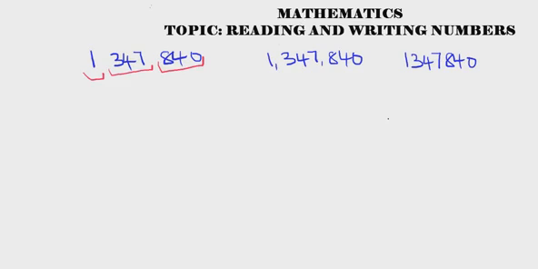The first digit here is the ones, or units. That's the place value. The second digit here is the tens. And the last digit, as you can see, is the hundreds.